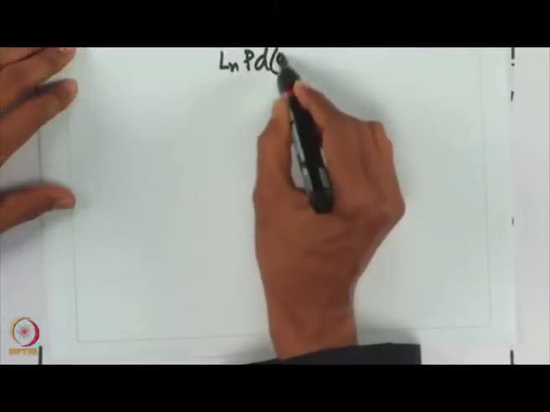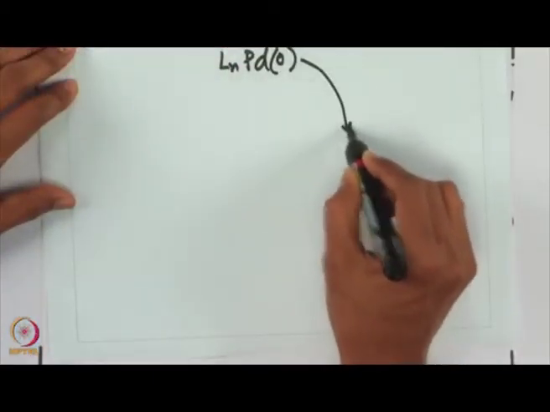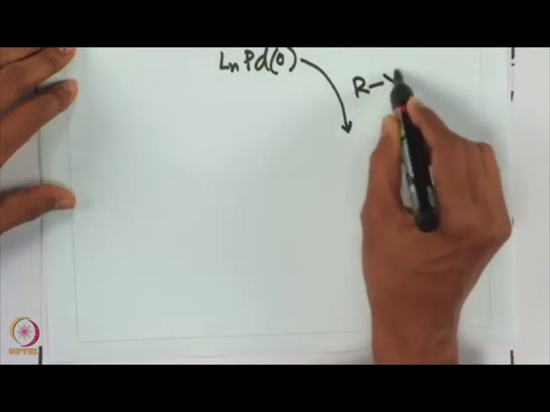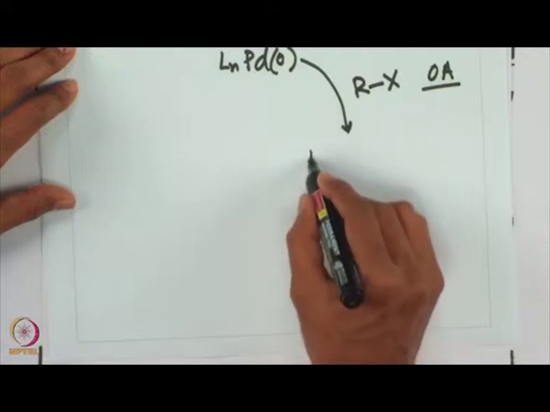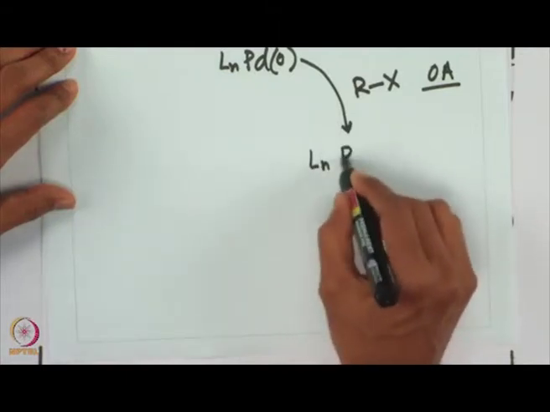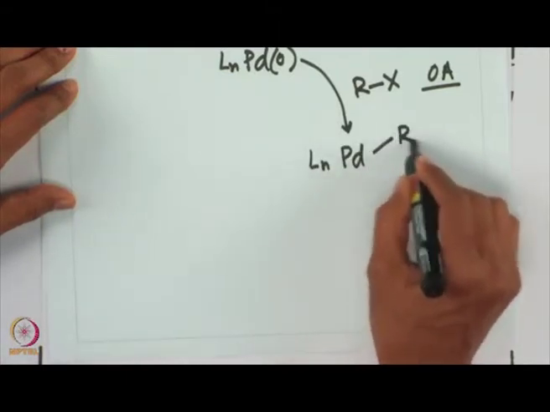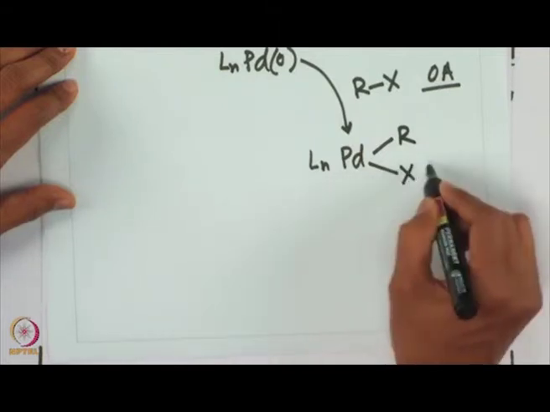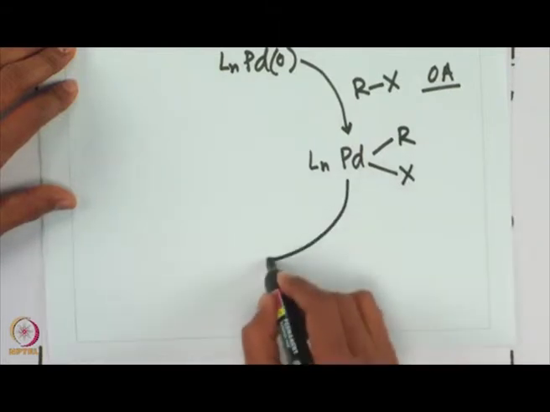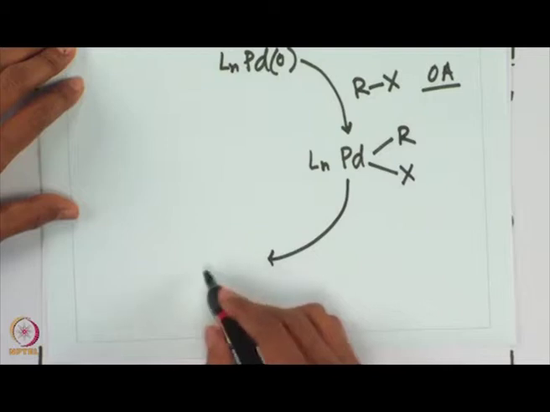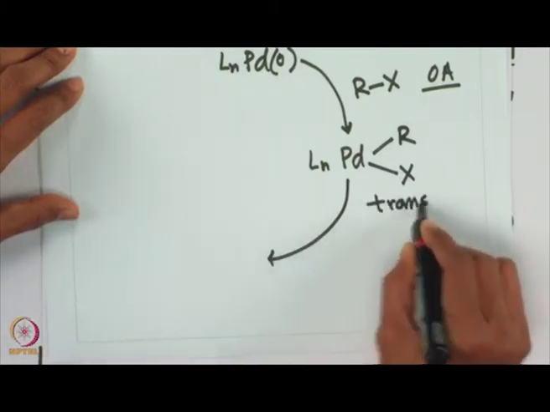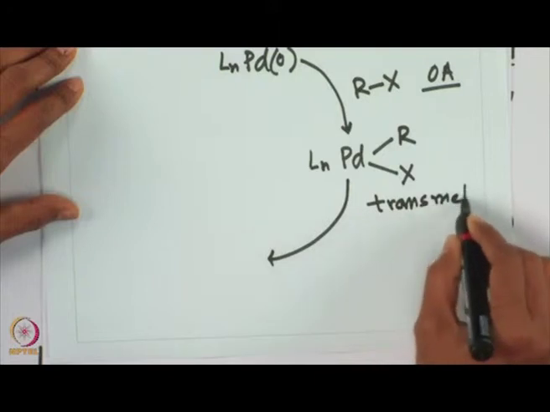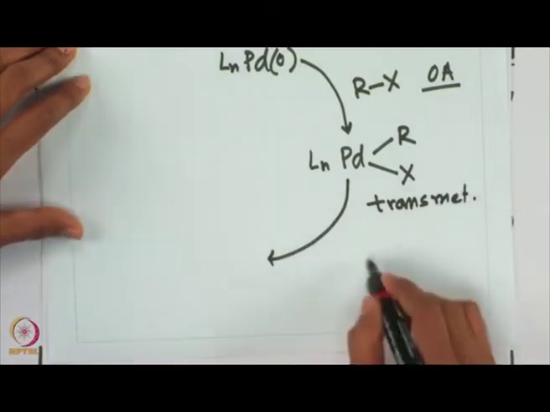Reaction mechanism will involve again the ligand palladium 0 complex. It will react with RX, that is the step which is oxidative addition, and from there we have the ligand palladium R and X intermediate. This is the oxidative addition intermediate. We will have from there the transmetallation. So, that is transmetallation, I think that is the main interesting aspect.